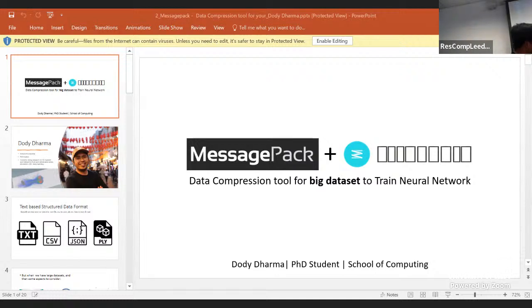Here I use the highest Zstandard compression level, 22, so we could get the smallest size possible.